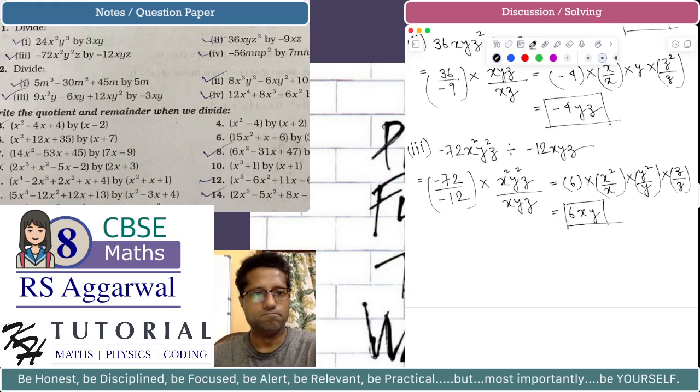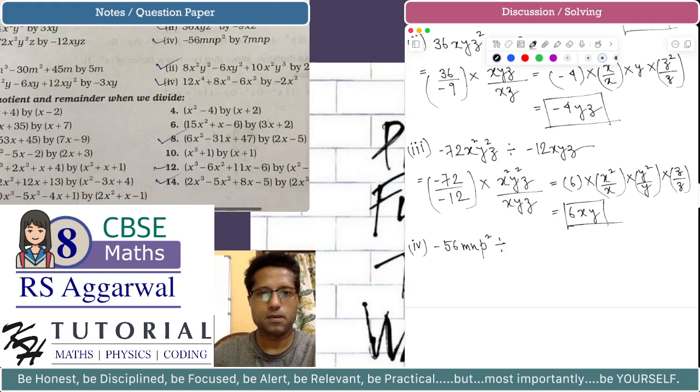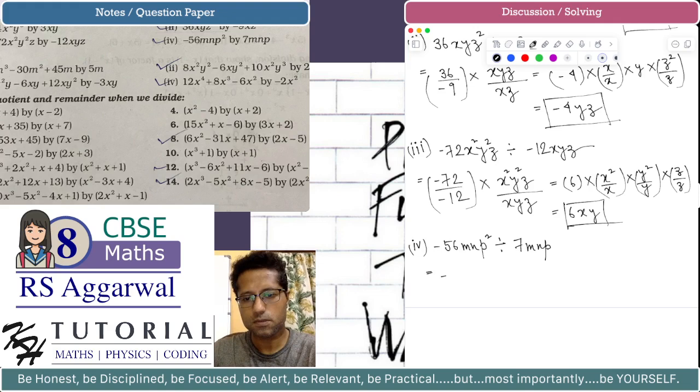Okay. Number 4 is minus 56 mnp square divided by 7 mnp. Okay, so this is minus 56 by 7 multiplied by mnp square divided by mnp.